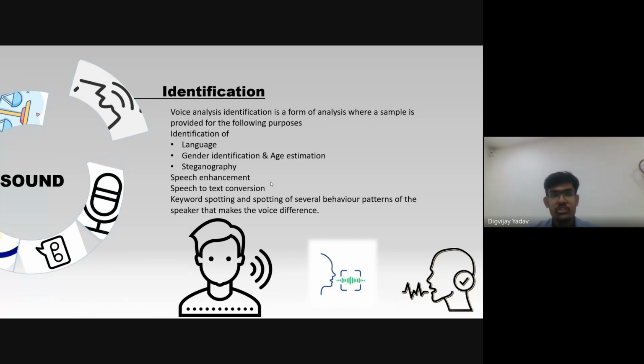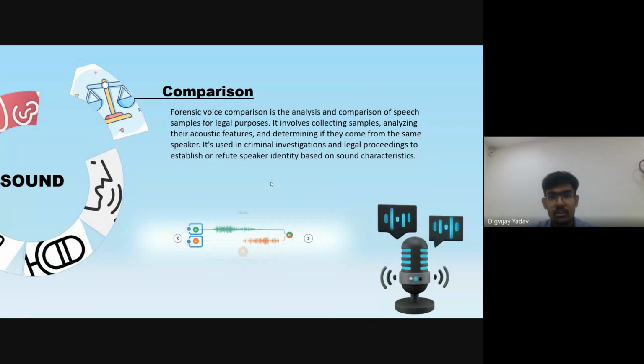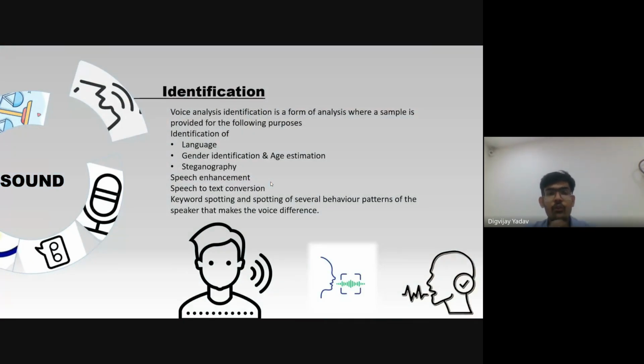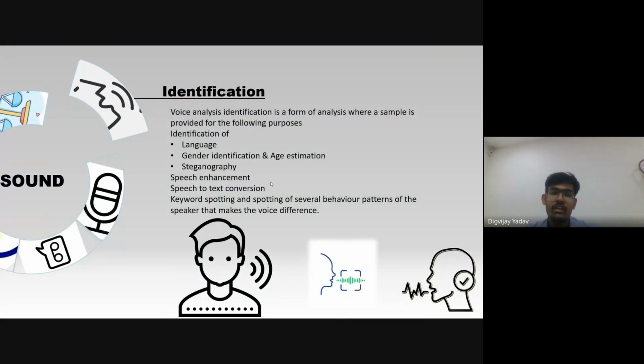In a specific procedure, identification is done first, then comparison is done. Identification helps us categorize. If we have multiple samples, for instance, it will help us categorize those into different groups, and then comparison can be done.